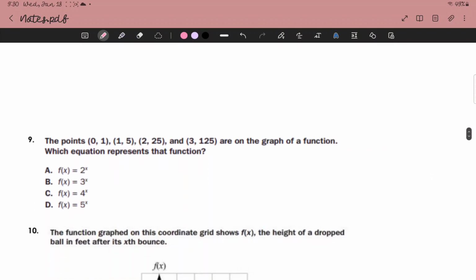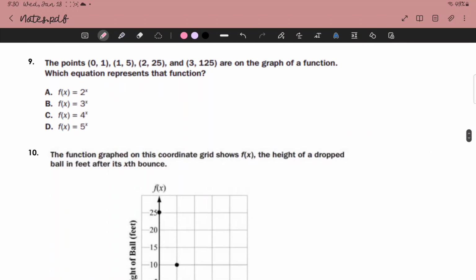Moving on, you also had this where you have points on the graph, and it asks which equation represents that function. Whenever I see points, I automatically want to put them in a table. So let's go ahead and do that. We can have our x and our y.